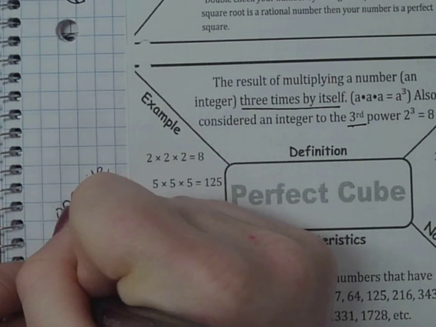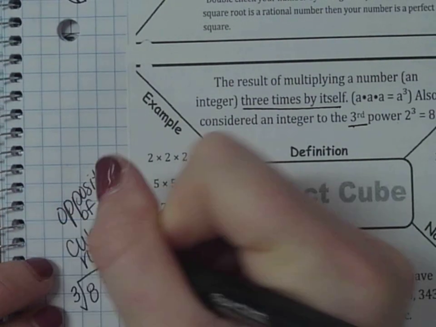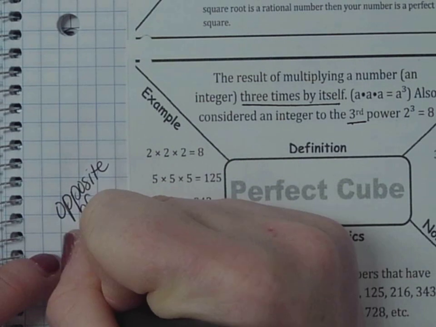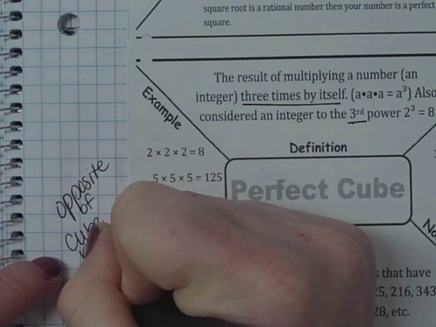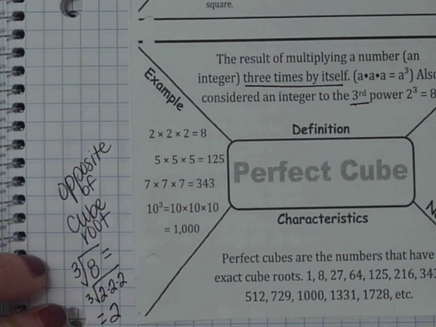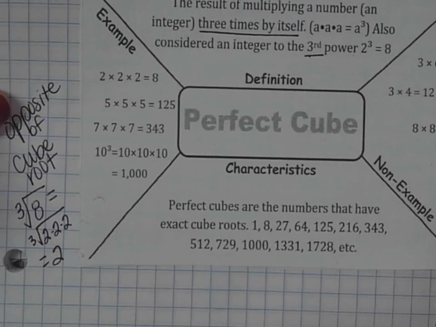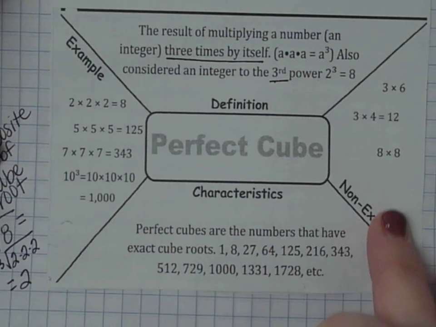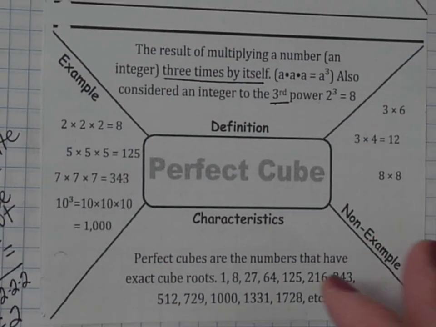So if I was taking the cube root of 8, you're finding what number multiplied times itself 3 times. So it would be 2 times 2 times 2, so the answer would be 2. Oh, I almost ran out of room. Again, these are examples. These are non-examples.